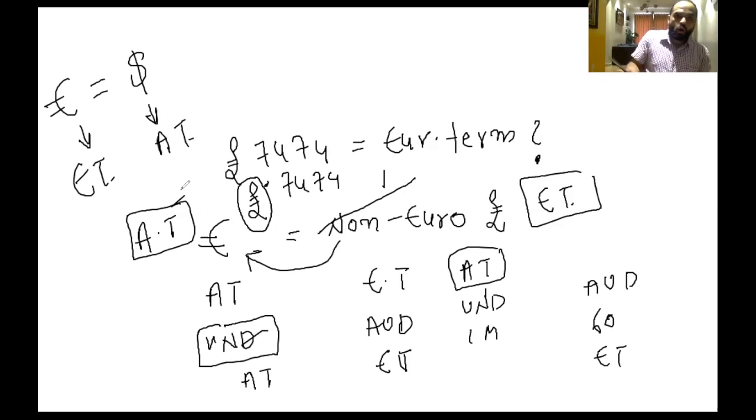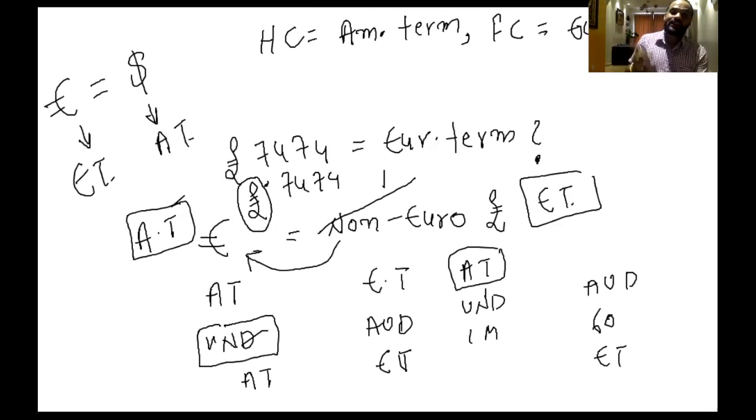So your home currency is American terms, and foreign currency is Euro terms. Not USD is always American terms. We are using USD as American terms because it's a very easy example to understand.